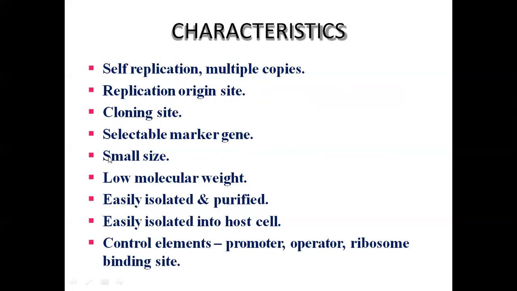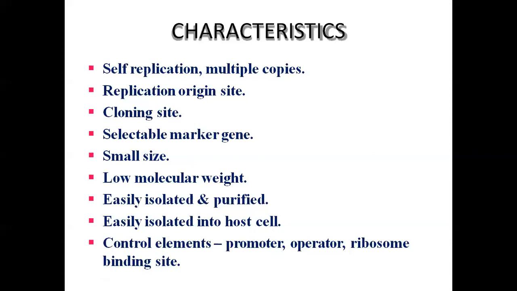It should be small in size so that you can do the transformation experiment very easily. If it is bigger, then the chances of loss of nucleotides will be there. Low molecular weight: once it is small in size, it should be low in molecular weight. Easily isolated and purified. Easily introduced into the host cell. This is also a very important issue.